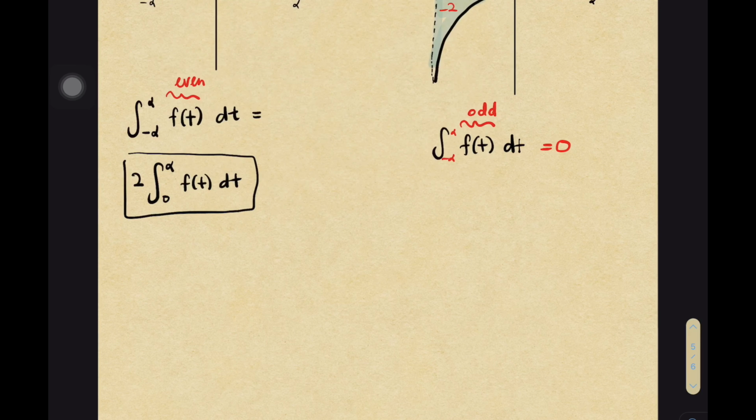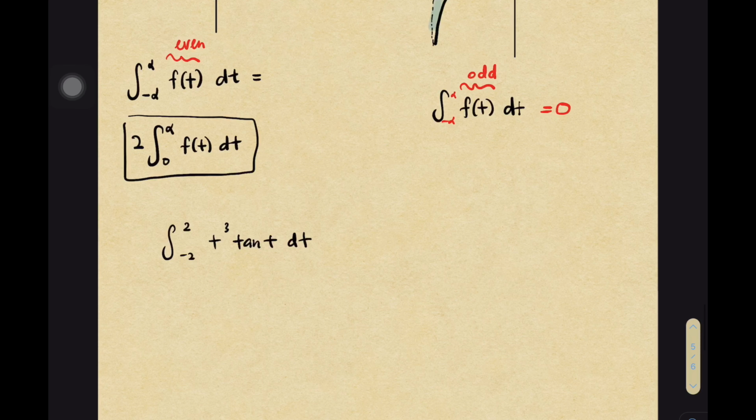For example, if you have to find the integral from negative 2 to 2 of t to the power of 3 tan t dt, you can check whether your function t to the power of 3 tan t is odd or even. Here you can see it involves two different functions.